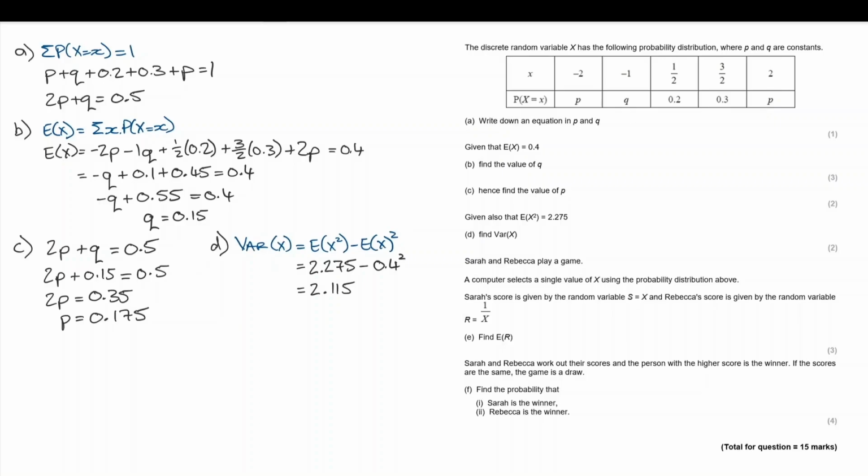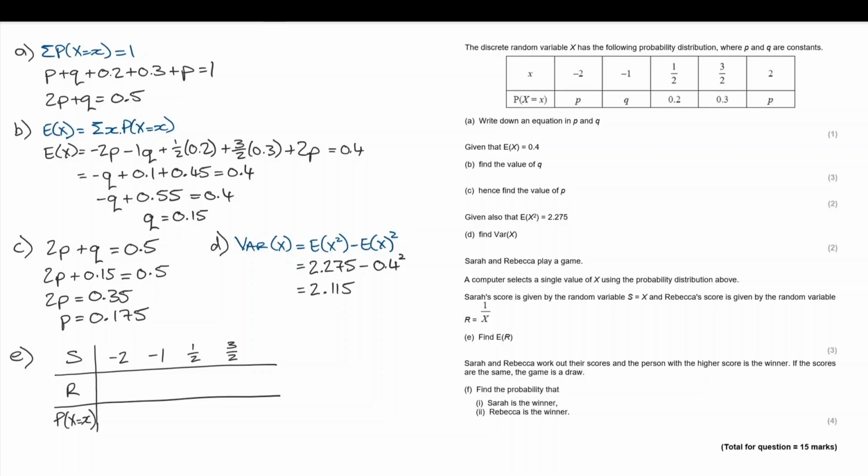There's some information to process there, and I realize I'm being asked to find the expectation of r. I want to summarize this in a table. This will give me a chance to compare the s and the r values, and I'm going to need a table anyway so that I can calculate the expectation of r. So this is how I'll set up the table: s values, r values, and the probabilities.